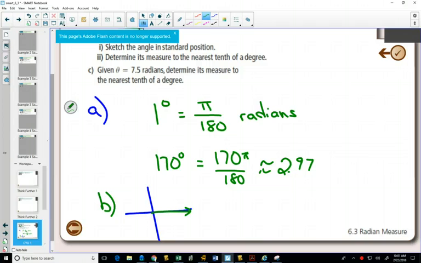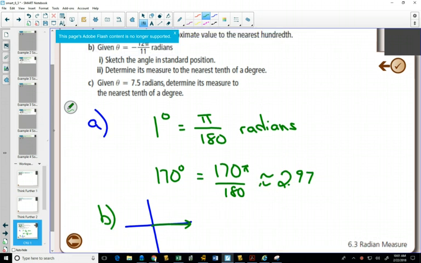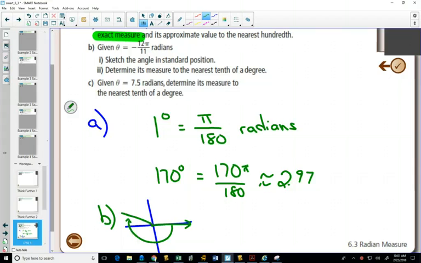And we know that the angle is negative, so it's going to be going clockwise, starting from the positive x-axis. How do I determine where negative 12 pi over 11 is? Well, how did I know it's going to end here?